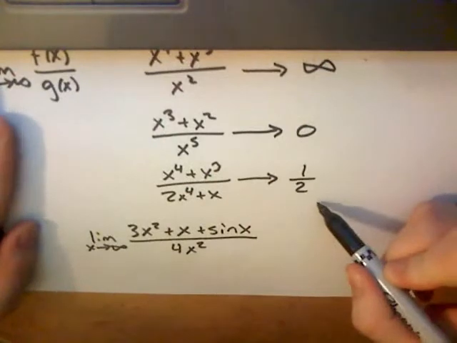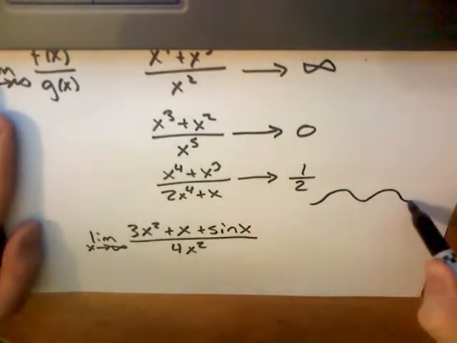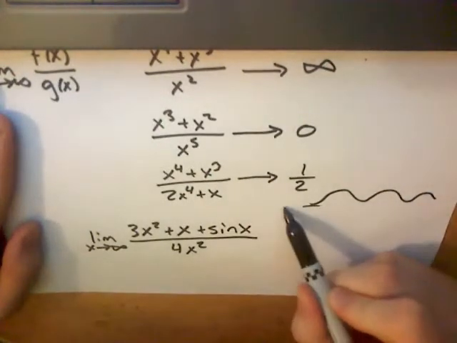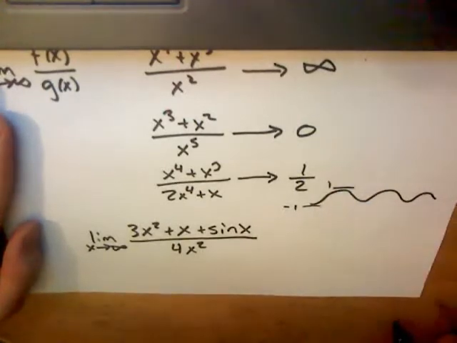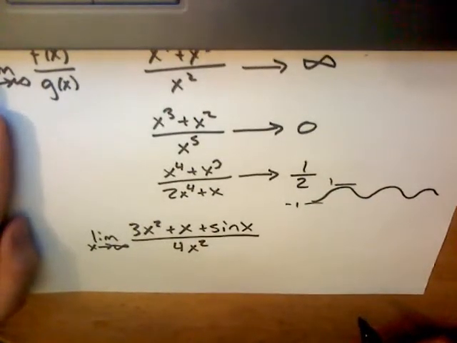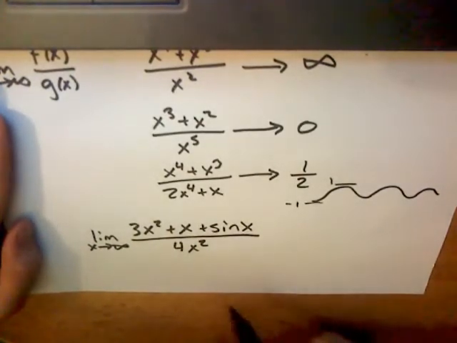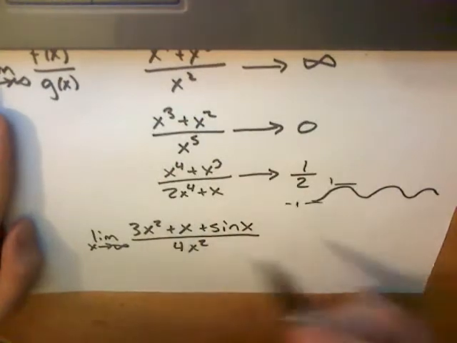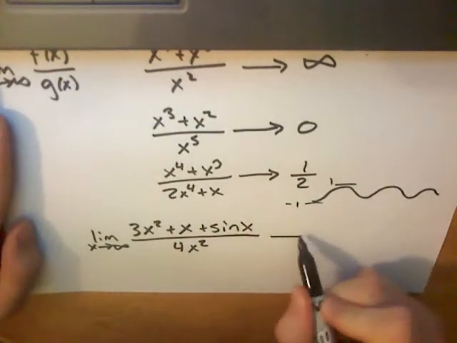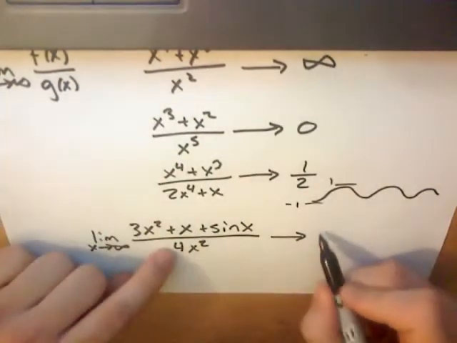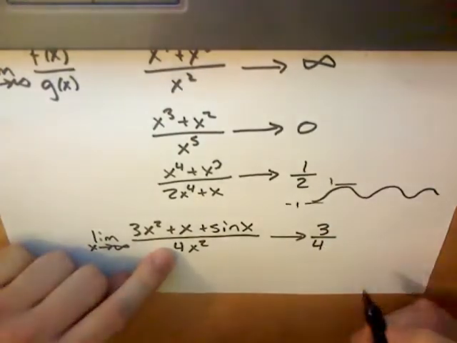Sine x oscillates between -1 and 1. So it's a bounded function. It can't get big. So we don't even have to worry about sine x in this case. All we're worried about is the biggest exponent and the constant with each one. So this limit goes to 3 over 4.